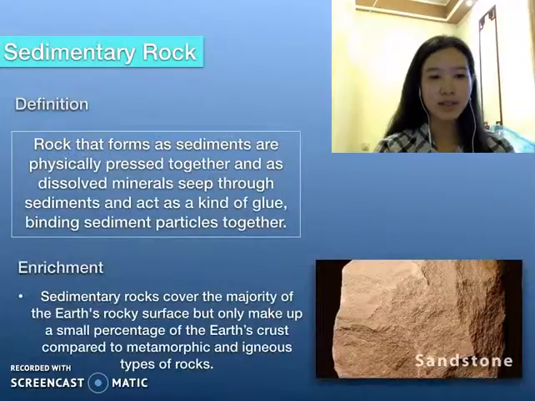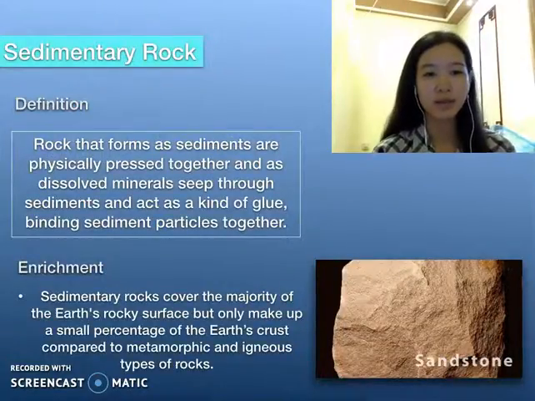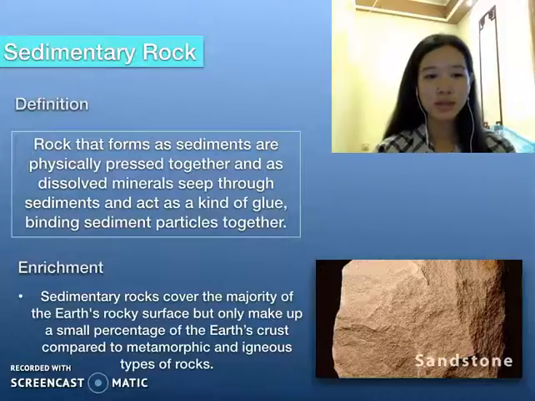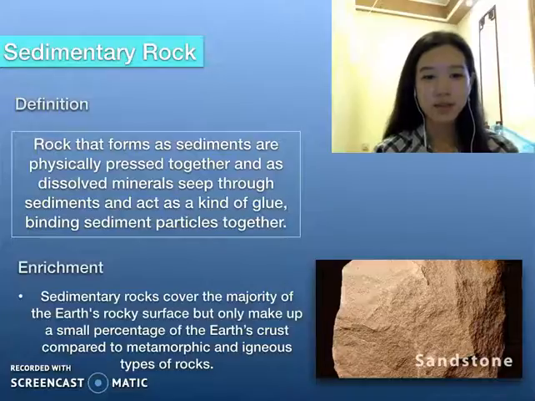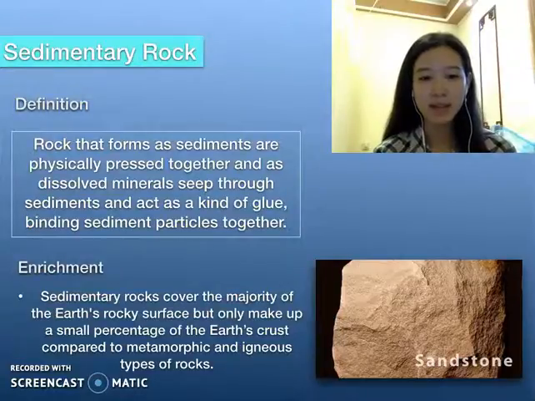Okay, now let's talk about the second type of rock, which is sedimentary rock. Sedimentary rock is rock that forms as sediments are physically pressed together and as dissolved minerals seep through sediments and act as a kind of glue, binding sediment particles together.